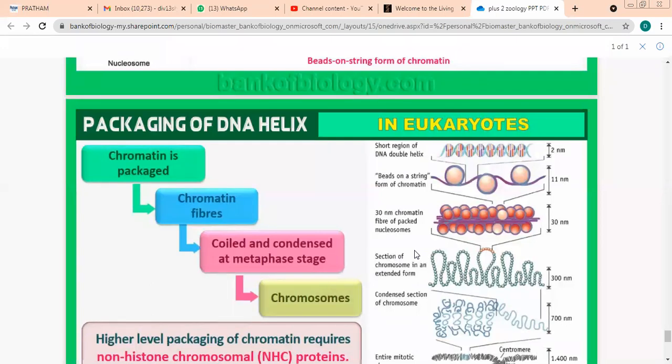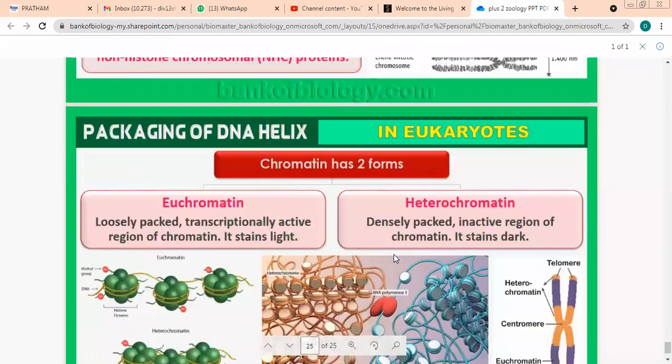After chromatin fibers, in the metaphase stage, coiling and condensation happen, and they become chromosomes.